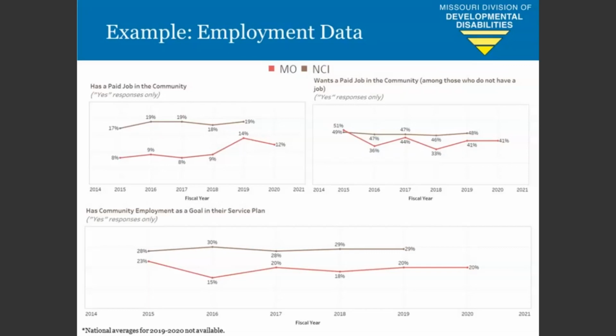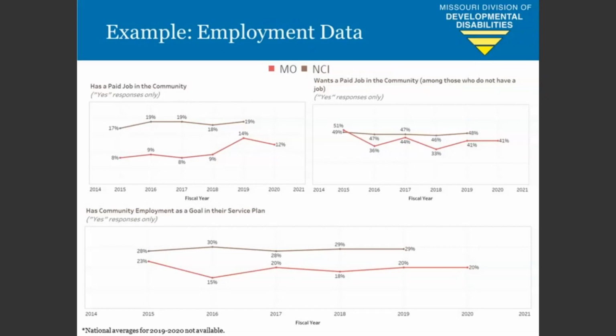The brown line is the national average, the red is the Missouri average. As you can see, we are consistently below the national average for individuals who have a paid job in the community.